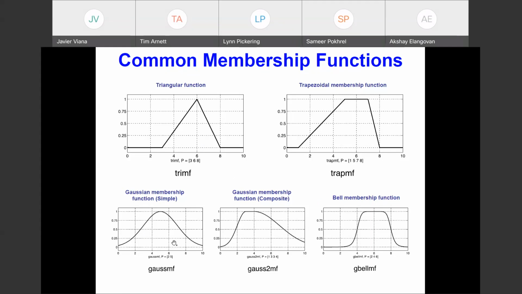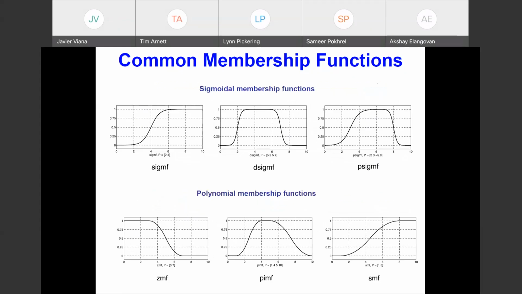And Gaussian you tend to see quite a bit in continuous control problems, but they all have their uses. And I actually encourage you guys to not limit yourself to a single membership function when you're designing your systems. Again, these are some more examples of membership function shapes.